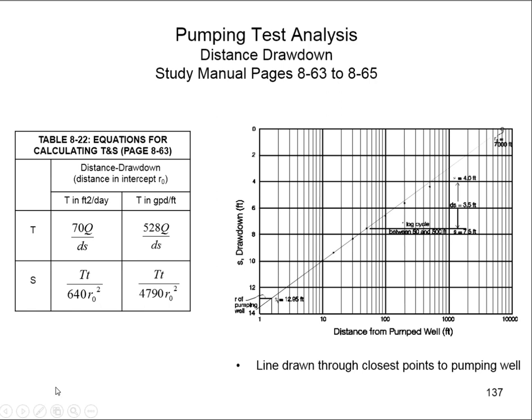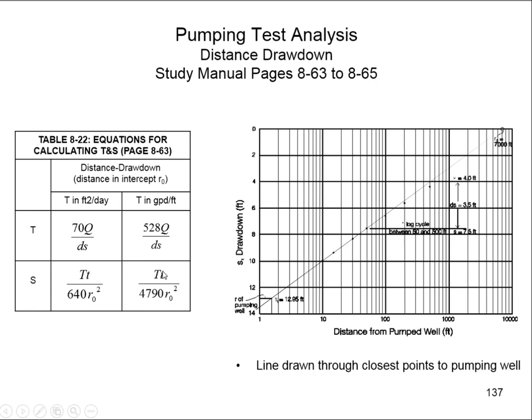Distance drawdown is where we have a number of wells at different distances and one pumping well. So we need to go out and at the same time measure the drawdown. We extend that back to the zero drawdown axis to get the distance intercept, the R0.